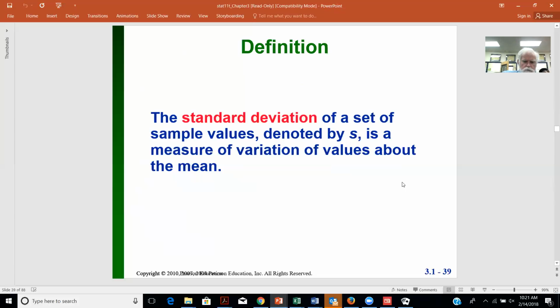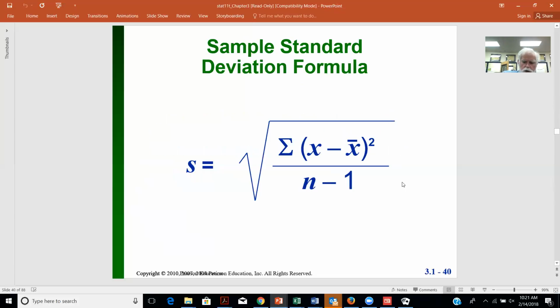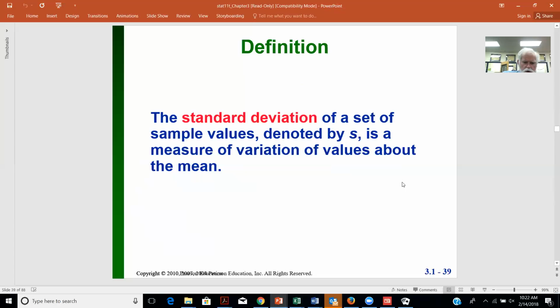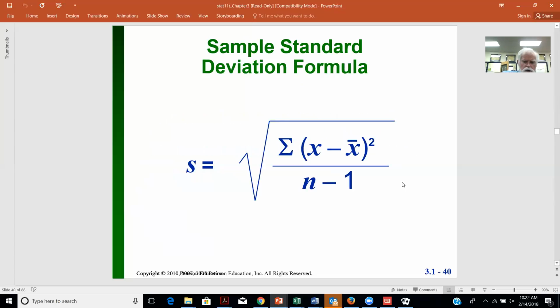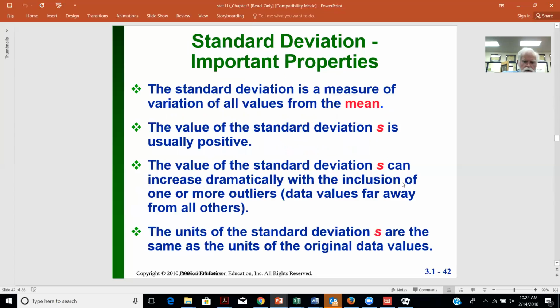Standard deviation is basically a measure of variation of values around the mean. What's the purpose of standard deviation? In large data sets, there are going to be variations.